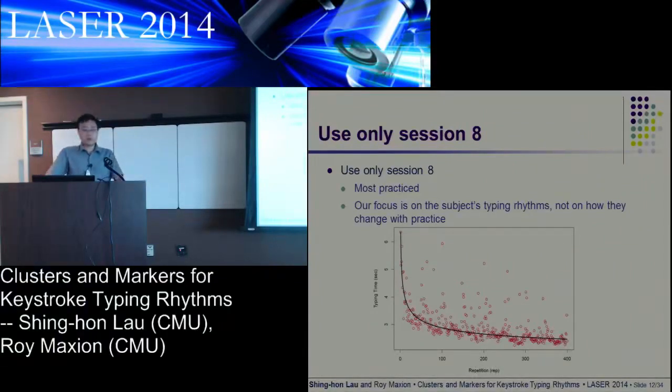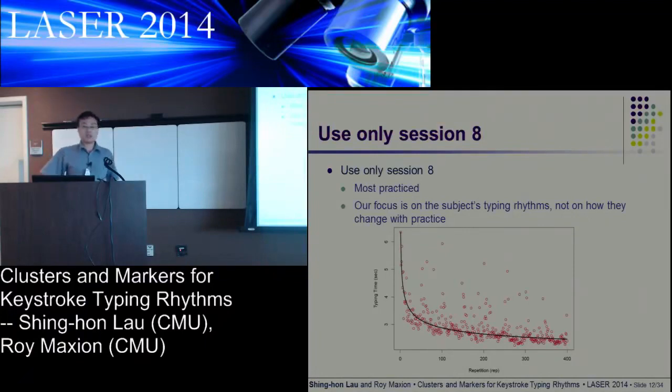And so the issue is that as somebody types a password more and more often, and you've probably encountered this yourself, when you have a new password, at the beginning you're getting a lot better at typing the password, and eventually you plateau in your performance, if you will. You don't change very much between successive repetitions.